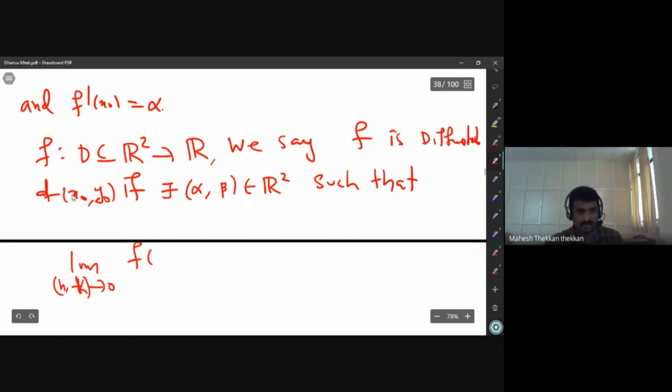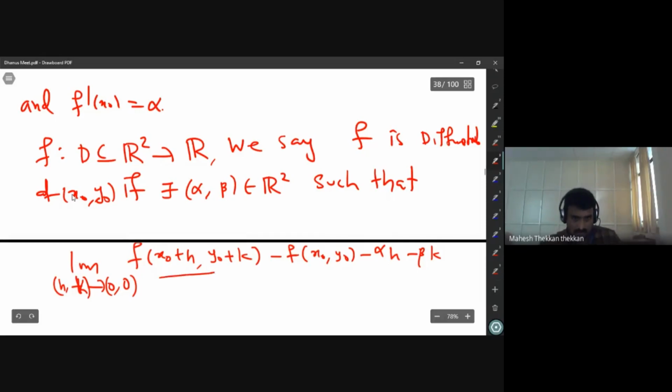I have to look at the vector, I am working within R2. So h comma k tends to 0 comma 0, such that the limit of f of x naught plus h comma y naught plus k minus f of x naught y naught minus alpha times h minus beta times k, whole divided by square root of h square plus k square, equals 0.